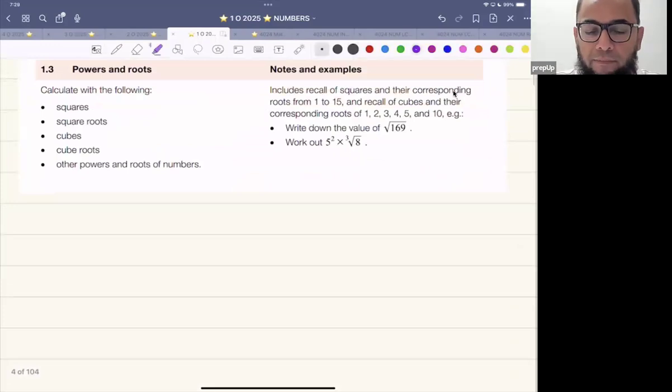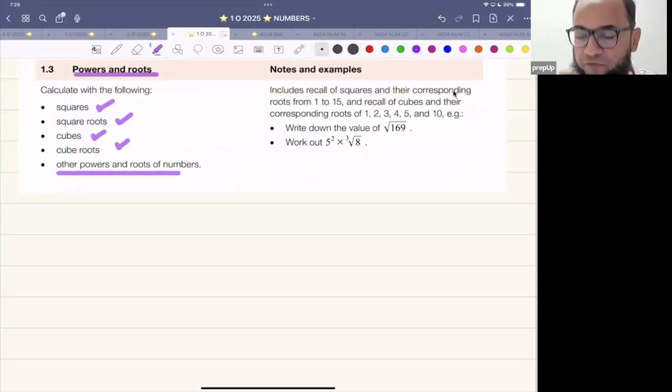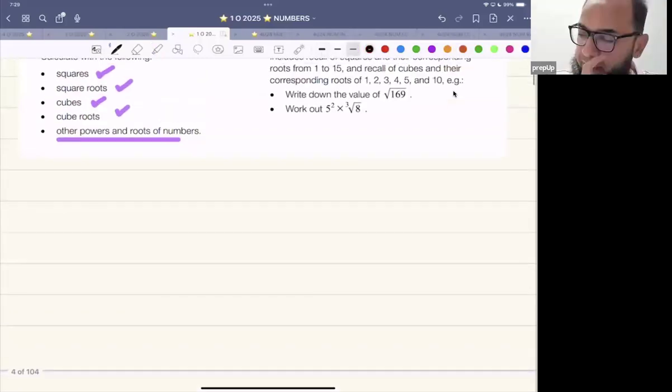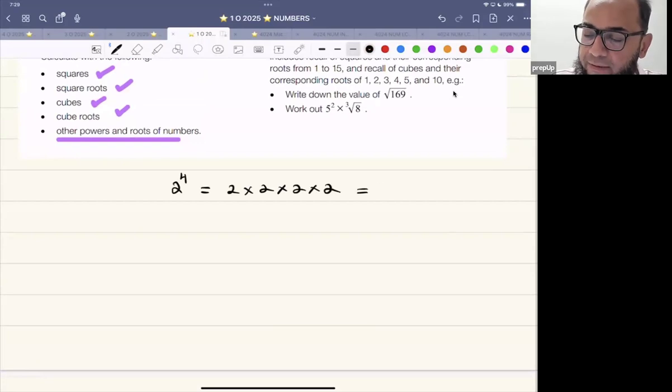Powers and roots. So we are talking about squares, square roots, cubes, cube roots, other powers and roots of numbers. Let me focus on this first. If I say 2 raised to power of 4, that is 2 into 2 into 2 into 2, that is 16. That means the fourth root of 16, I can write like this: 16 raised to power of 1/4.